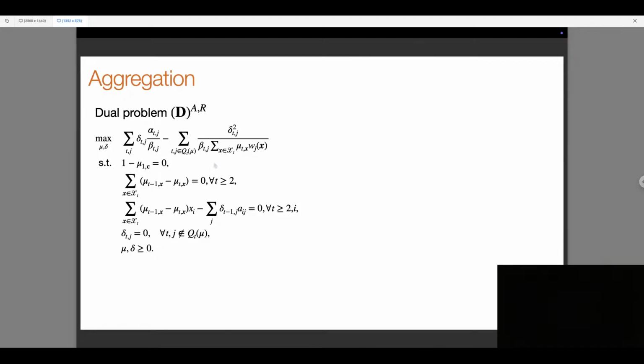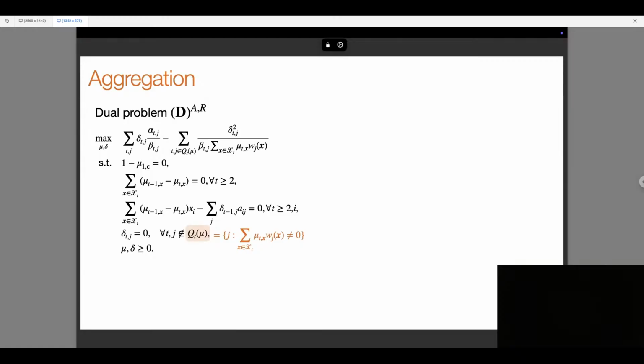Here we just skip some details. The dual problem has a newly introduced notation Q t mu, which denotes a set of the summation over the x inside the set X t.